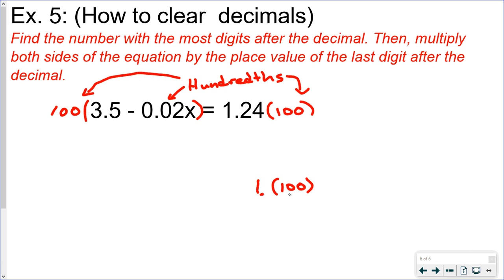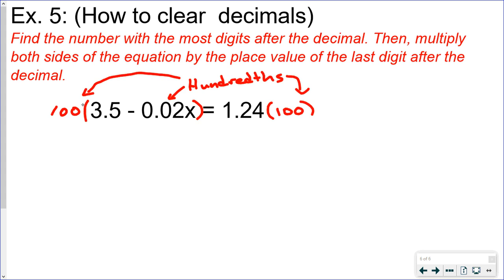Move that decimal point 2 places to the right, and you get 100. 1 times 1,000 is 1,000. All you have to do is move the decimal point how many places to the right that there are zeros here. So if you're multiplying by 1,000, you'd move the decimal point 3 places to the right. Multiply by 10,000, you'd move it 4 places to the right.